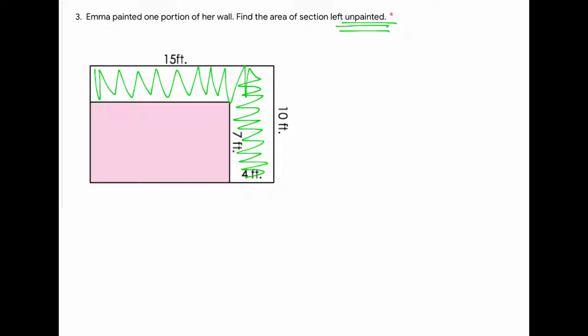So we want to find the area of the whole wall first. Okay? So the whole wall. I'm going to write whole wall is step 1. Okay? So of the whole wall, we know this is a rectangle and area equals base times height.